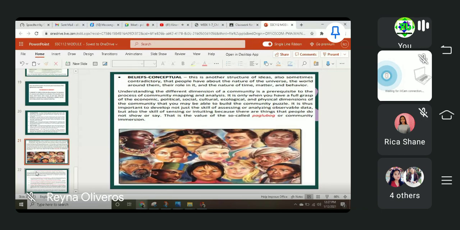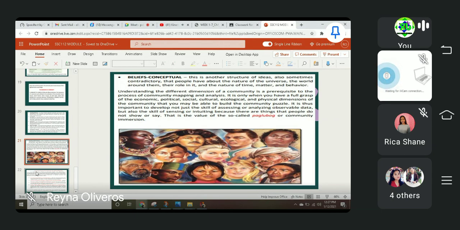So, sabi dito, understanding the different dimensions of community is a prerequisite to the process of community, or tinatawag natin community mapping and analysis. Okay? So, it is only when you have a full grasp of economic, political, social, culture, and ecological, physical dimensions of the community that you may be able to build the community puzzle.